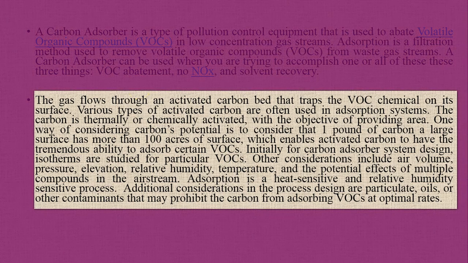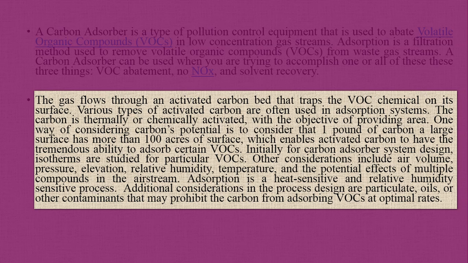The gas flows through an activated carbon bed that traps the VOC chemical on a surface. Various types of activated carbon are often used in adsorption systems. The carbon is thermally or chemically activated with the object of providing surface area.